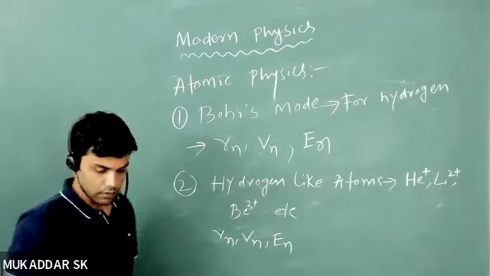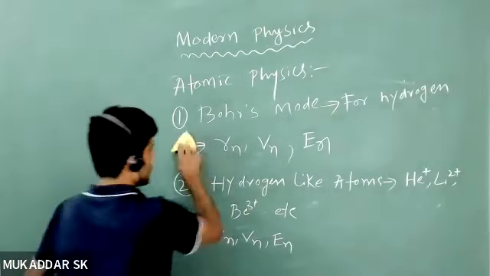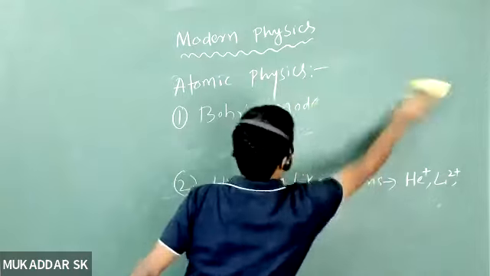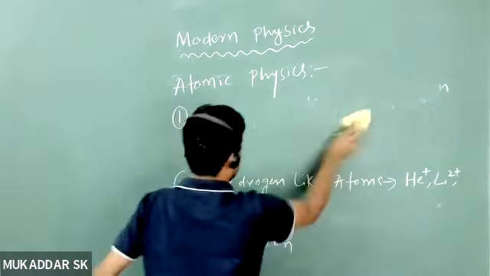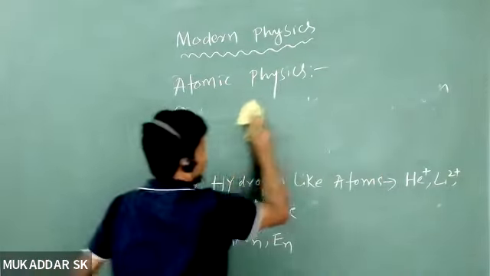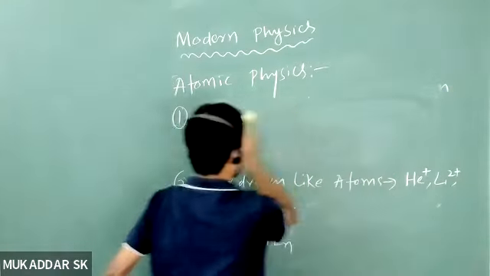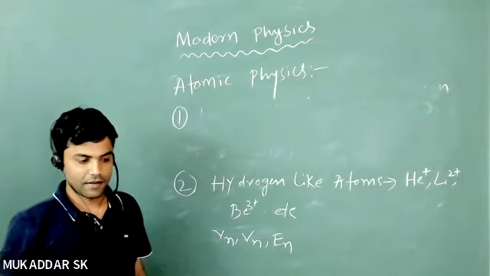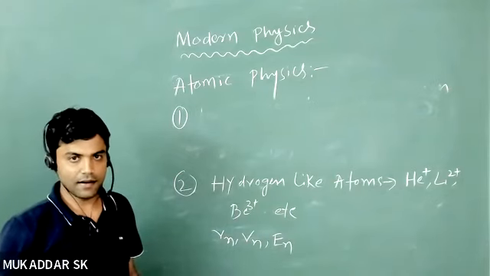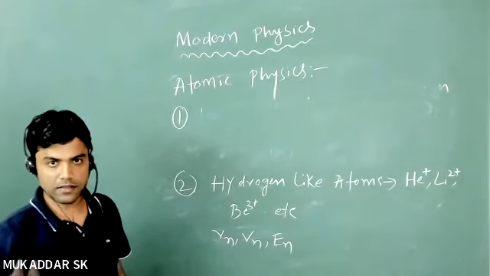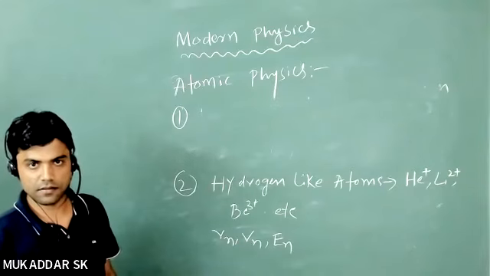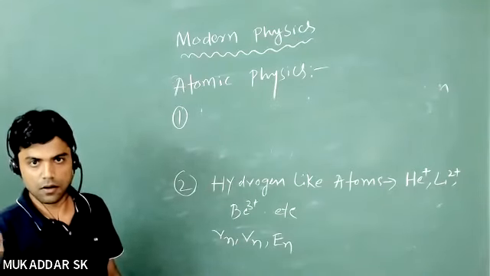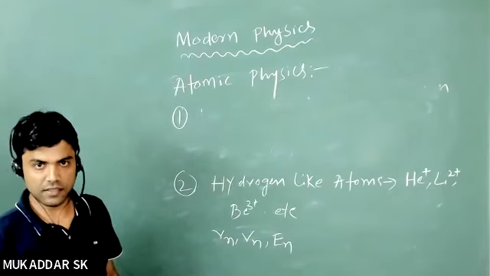Then the third point will be spectral lines. Anyone heard that name? Spectral line? Everybody has heard, right? Lyman series, Balmer series, Paschen series, Brackett series, Pfund series, Humphreys series.